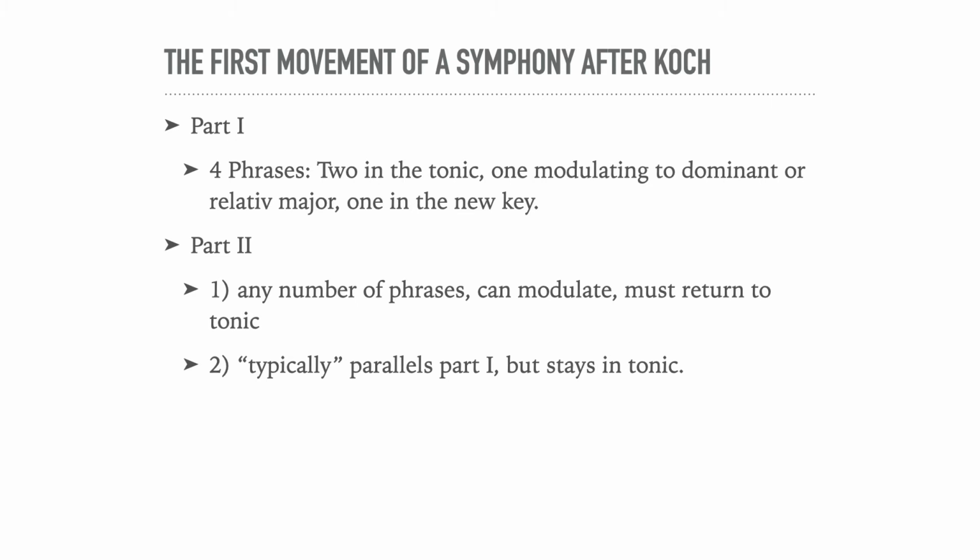Then he says the first part typically consists of 4 phrases: 2 in the tonic, 1 that's modulating to the dominant, and the 4th one that confirms the dominant as the new key. Then he says the second part really consists of 2 subsections.